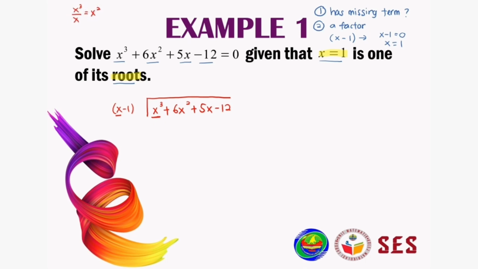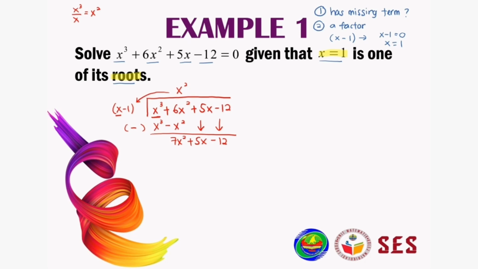We write x squared on top here, and we multiply x squared with x minus 1. So we write down here x cubed minus x squared, and we use the minus sign. So x cubed minus x cubed will give us 0x cubed, and we don't have to write that. 6x squared minus negative x squared will give us 7x squared, and we bring down these two terms.